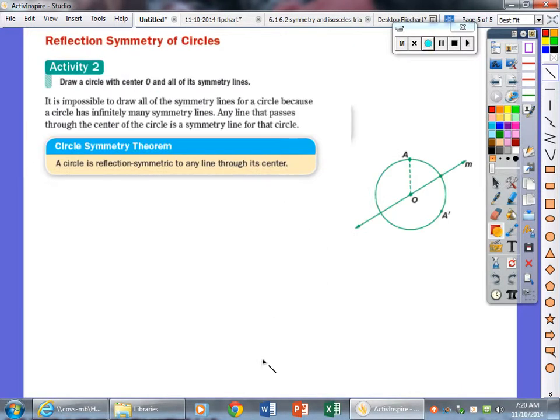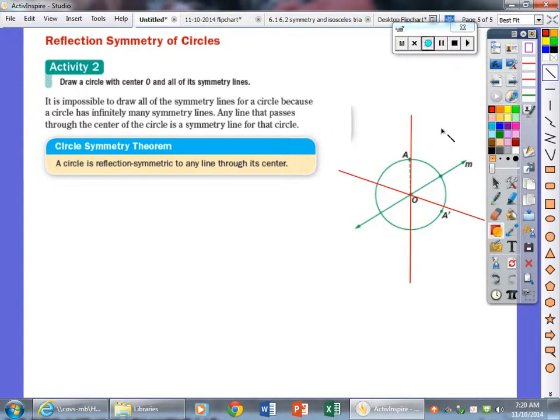And then the third one is symmetry of a circle. You can't draw all the symmetry lines of a circle, because all a symmetry line of a circle has to do is go through the center. So I could draw a number of symmetry lines. I could draw one down through there. As long as it goes through point O, it's fine.